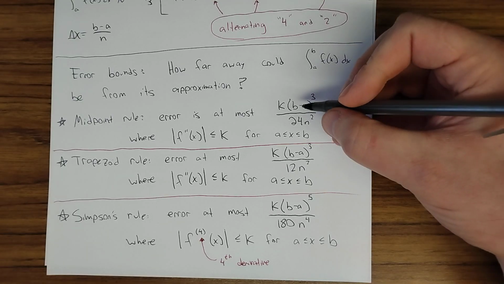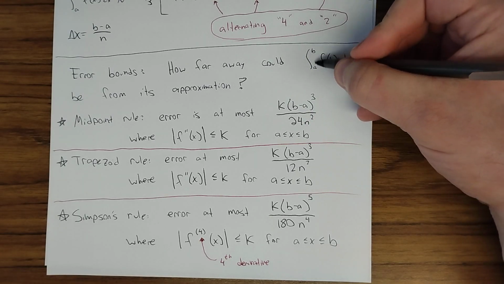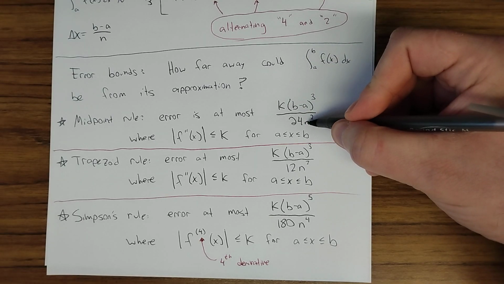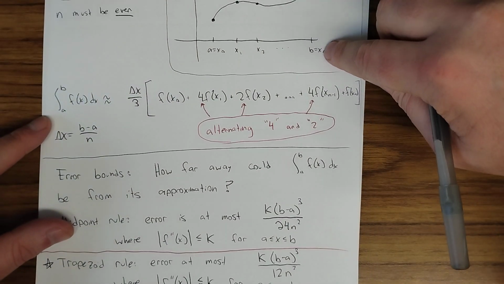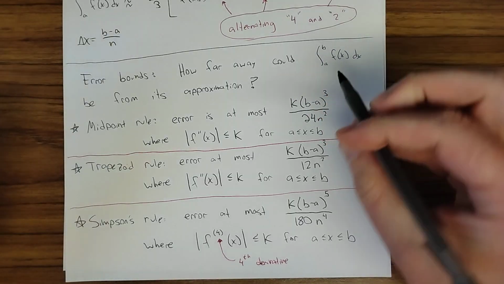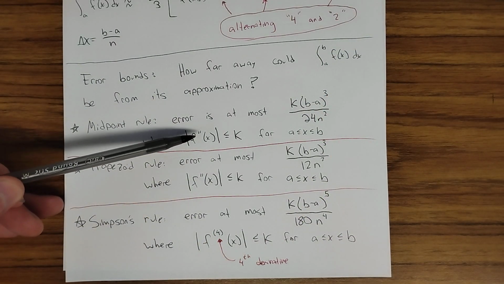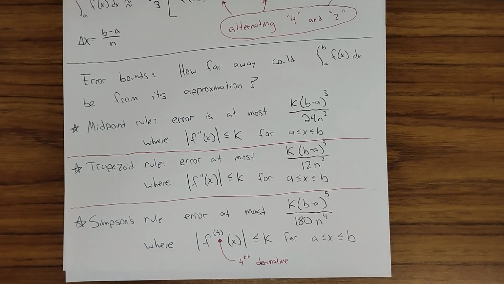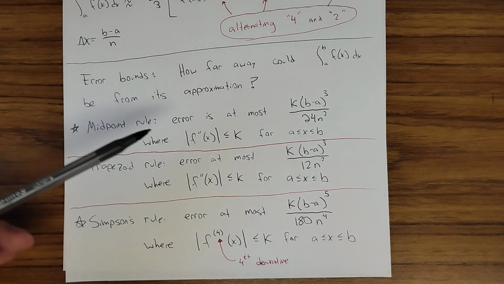And by the way, A and B are the limits of integration. N is just the number of subintervals, like this N. And what's K? Well, I'll tell you. K is a bound on the absolute value of the second derivative.